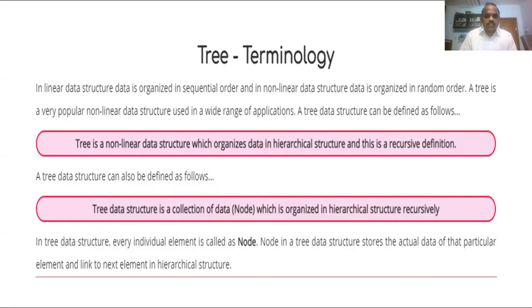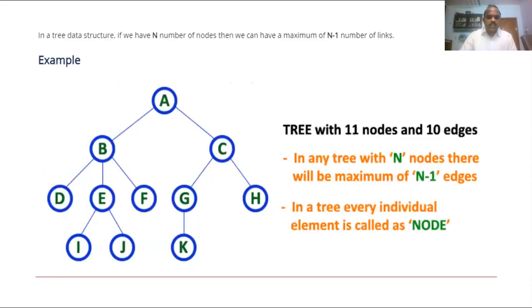In a tree data structure, every individual element is called a node. A node stores the actual data of that particular element and a link to the next element in the hierarchical structure. A tree is a collection of nodes.